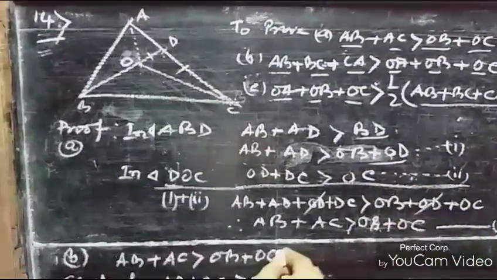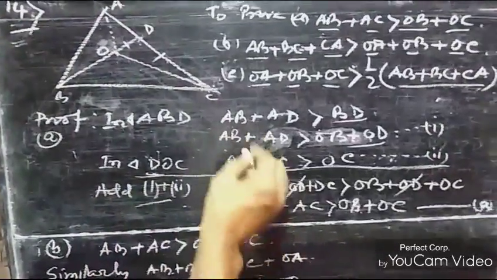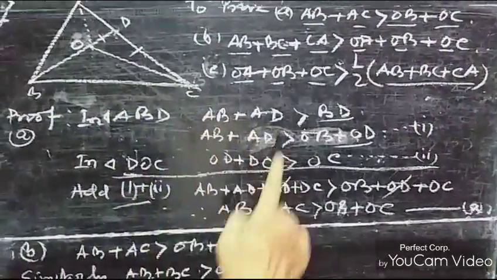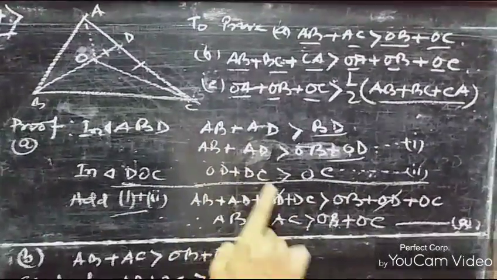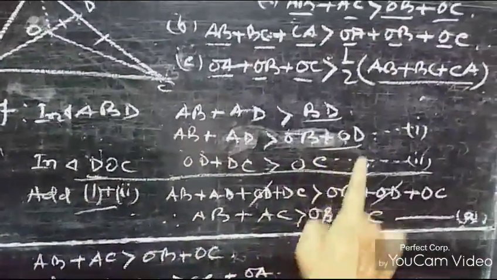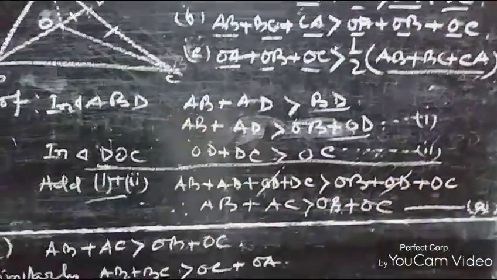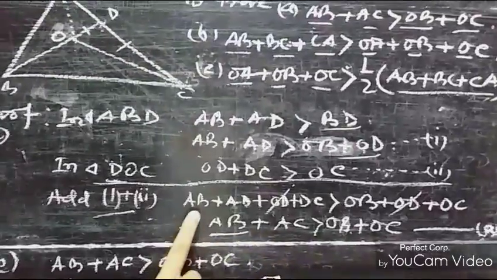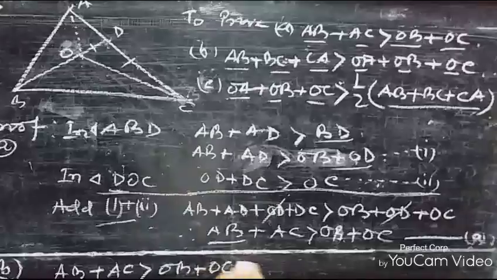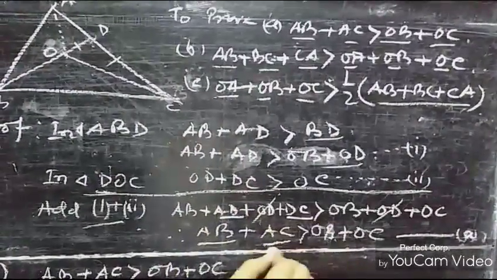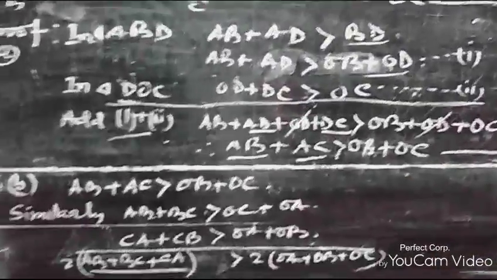Now add 1 plus 2. On the left side we get AB plus AD plus OD plus DC, which is greater than OB plus OD plus OC. From both sides OD is removed, and remaining is AB plus AD plus DC. See, AD plus DC equals AC, so AB plus AC is greater than OB plus OC. This is the first proof.